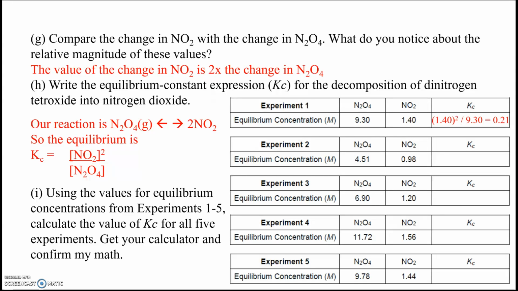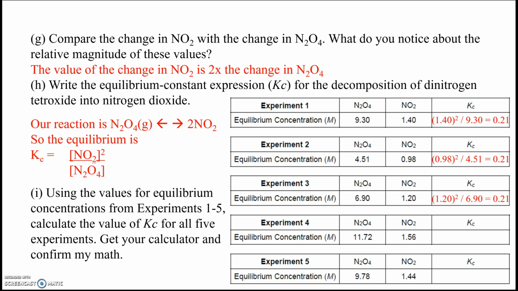So we see that Kc is equal to 1.4 squared divided by 9.30, and I get a value of 0.21. I look at experiment 2 and my equilibrium concentrations, which are off of the previous slide. We plug in all these numbers, and again, we get 0.21.